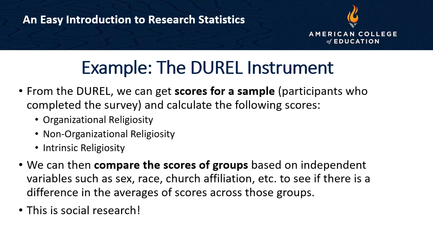Or is there a significant difference between 2 denominational groups for intrinsic religiosity? I might want to see if there's a correlation between organizational and non-organizational religiosity for a particular denominational group. And so with this short, validated 5-item instrument, I can find out all kinds of information from a particular sample. And this is social research. And this is the kind of research that has the potential to change the world.